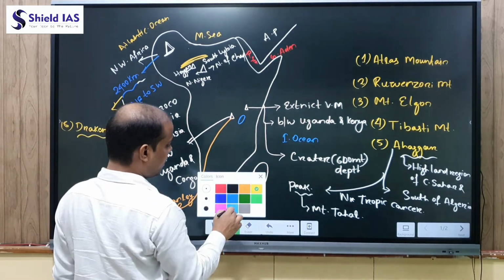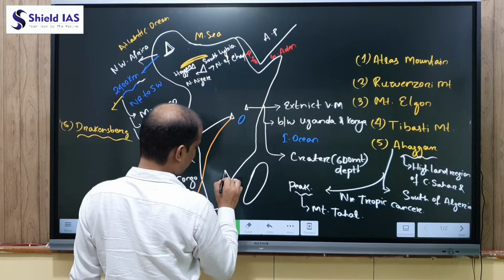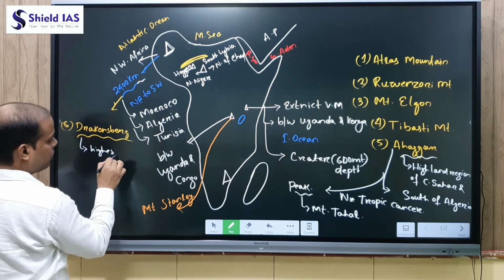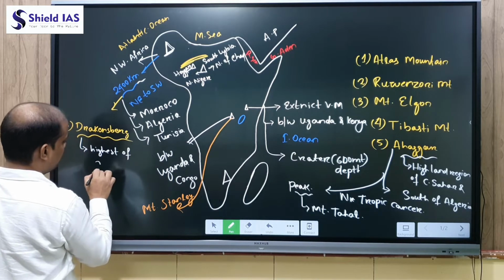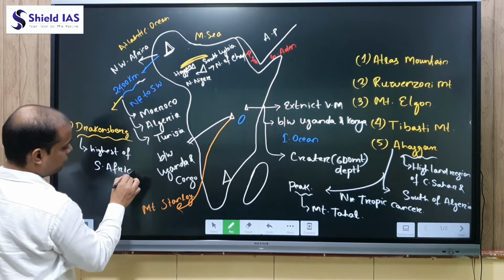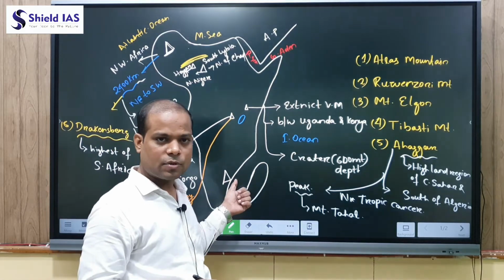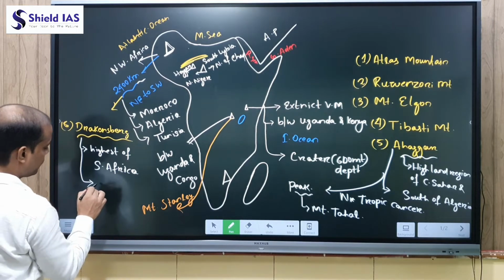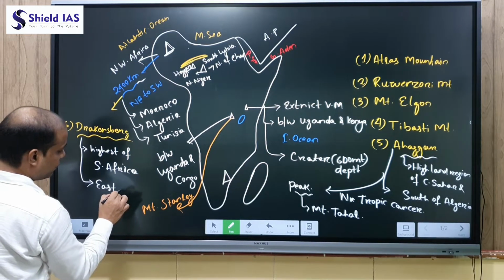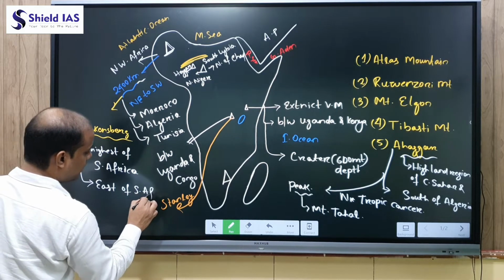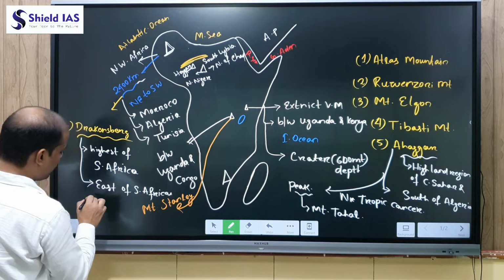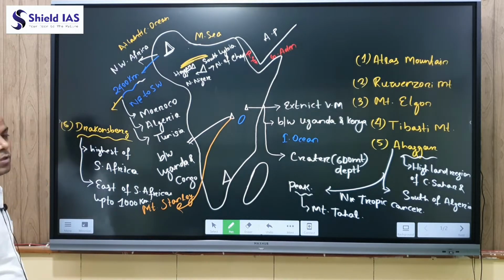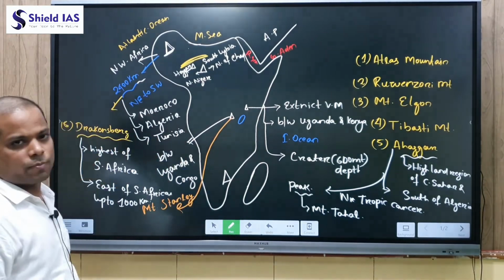Drakensberg mountain is the highest mountain of South Africa, because South Africa is the country, so it is located in the eastern part of South Africa and extends up to 1000 kilometers. So these are all information about the Drakensberg mountain.